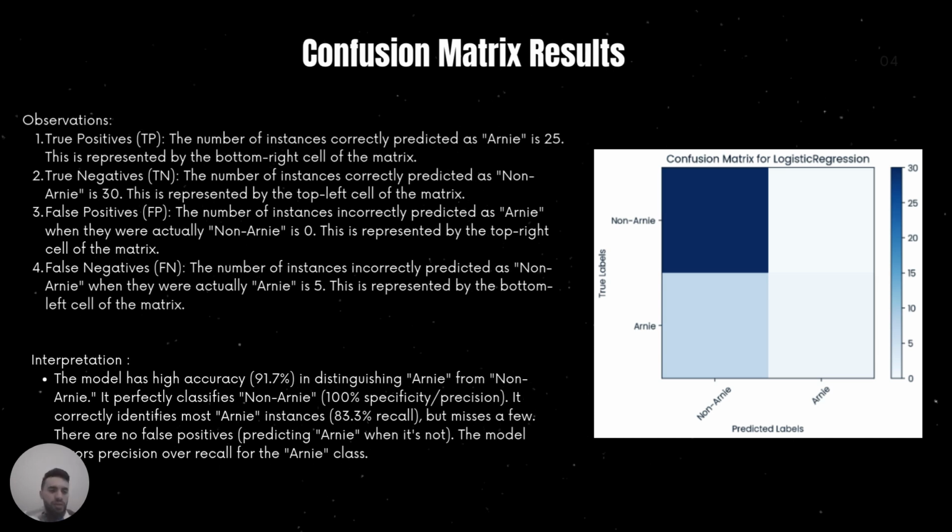And false negative, the number of instances incorrectly predicted as non-Arni when they were actually Arni, is 5. This is represented by the bottom left cell of the matrix.